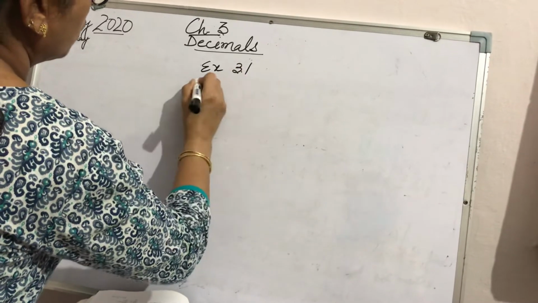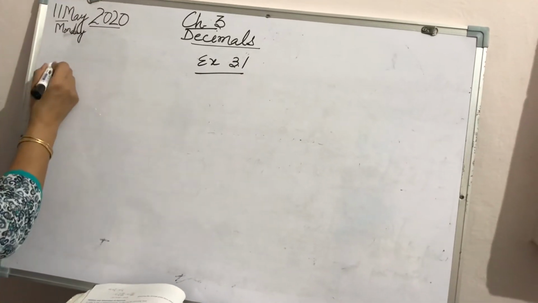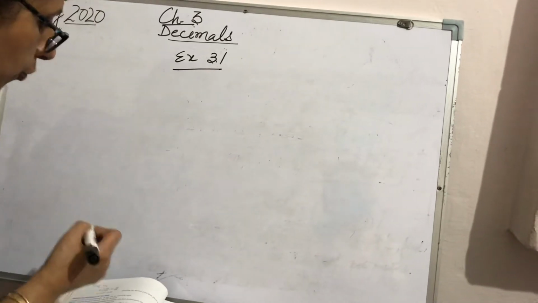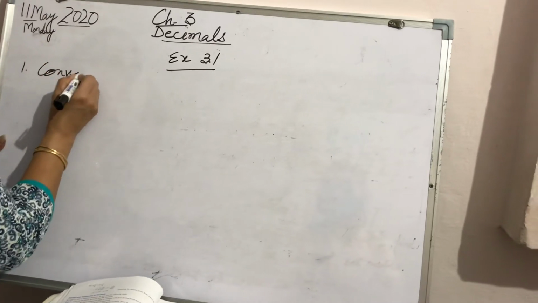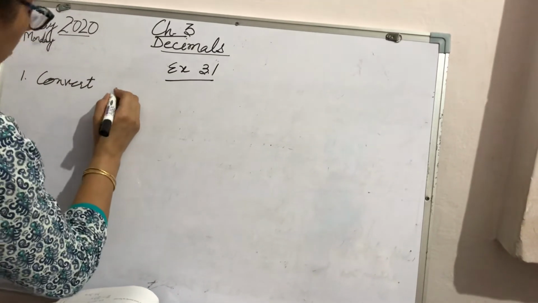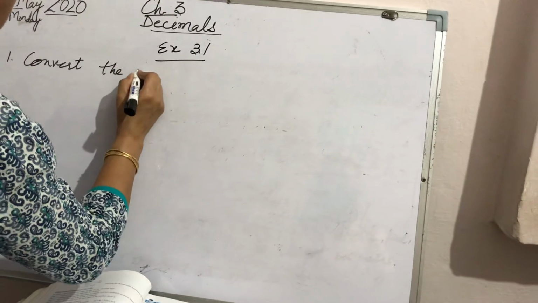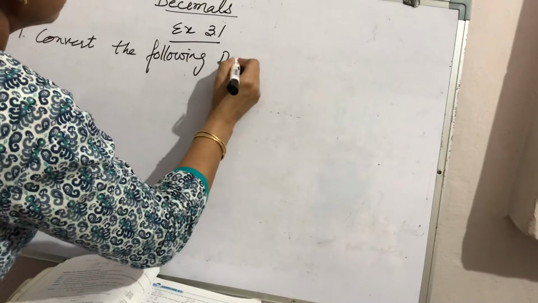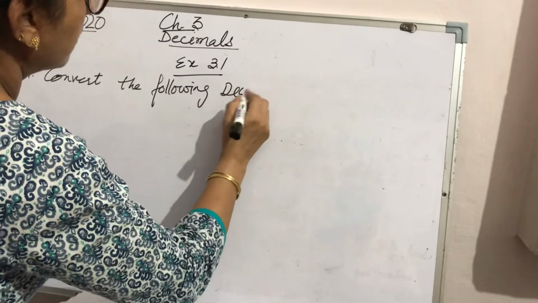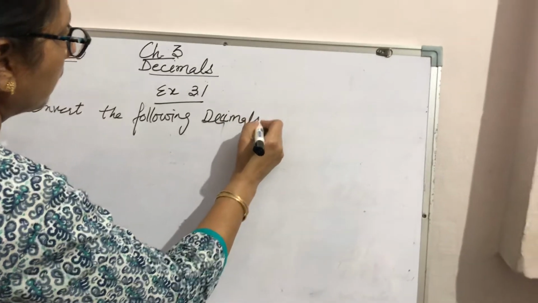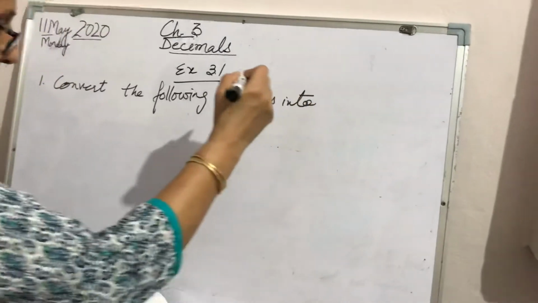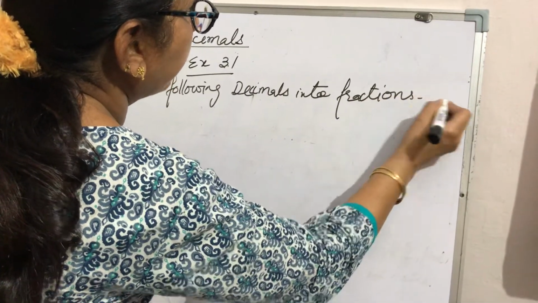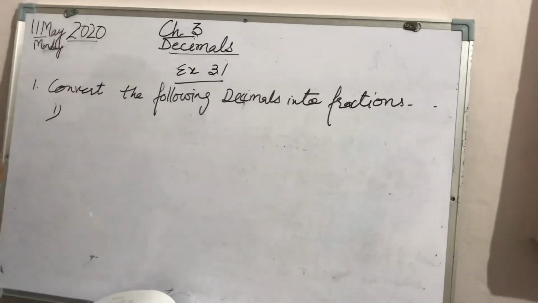Exercise 3.1, question 1: Convert the following decimals into fractions in lowest terms.